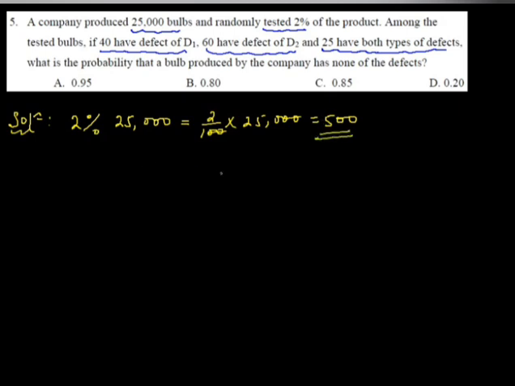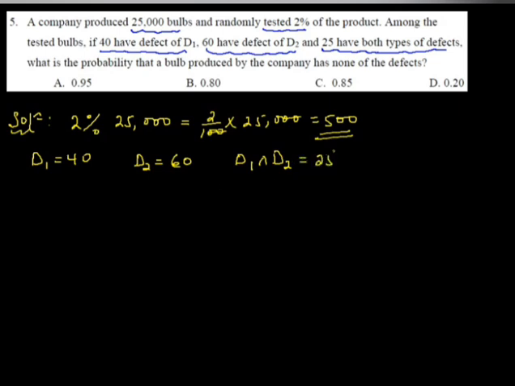Out of these 500 bulbs, 40 have defect D1, 60 of these bulbs have defect D2, and 25 of these bulbs have both defects.